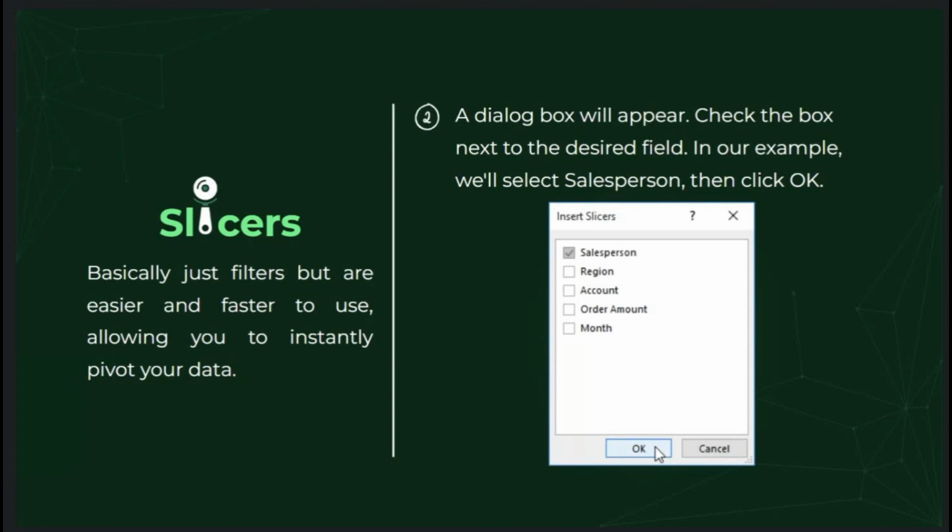So in our example, we'll select the salesperson. And then click OK. And then the slicer will appear, yan, yung blue na to, dito sa gilid, next to the pivot table. Each selected item will be highlighted. So yung mga naka-blue, yun yung mga selected items.